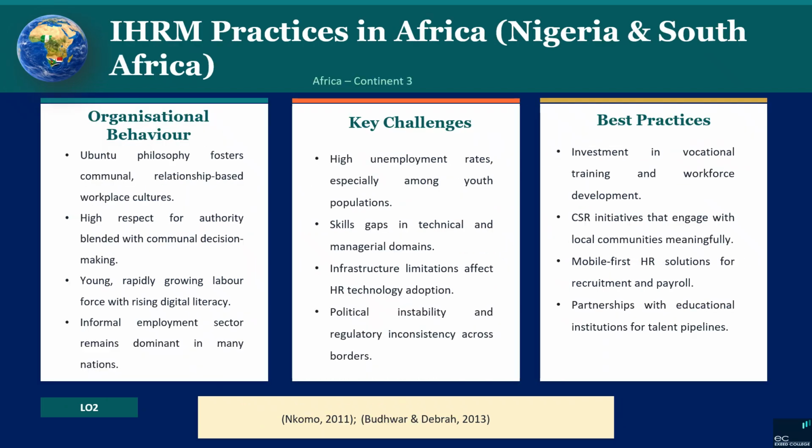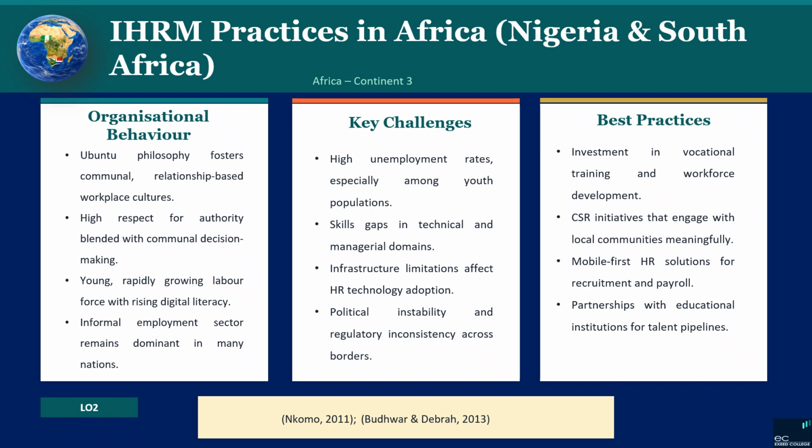IHRM practices in Africa, Nigeria, and South Africa, in the context of organizational behavior, are shaped by the Ubuntu philosophy, which means I am because we are, emphasizing community identity, shared responsibility, and relational leadership. This philosophical foundation creates workplace cultures that value respect for elders and collective well-being alongside individual performance.